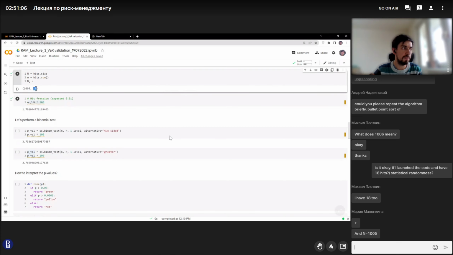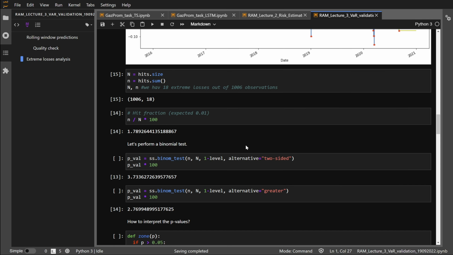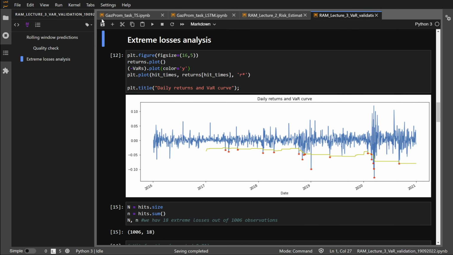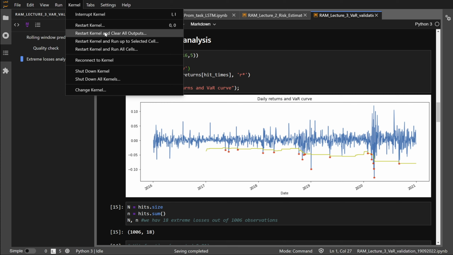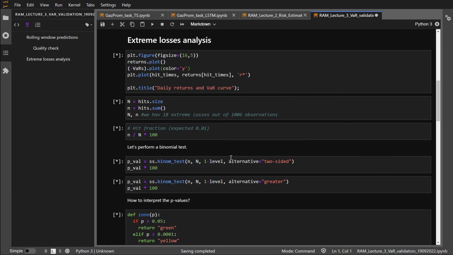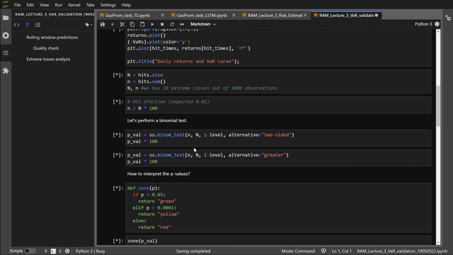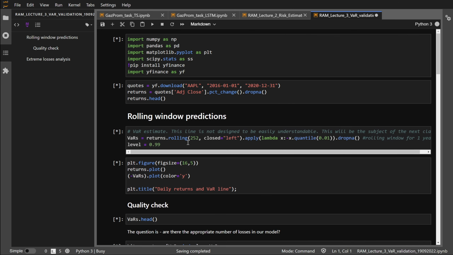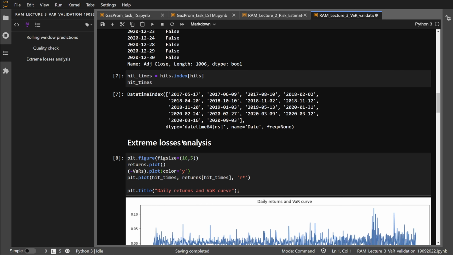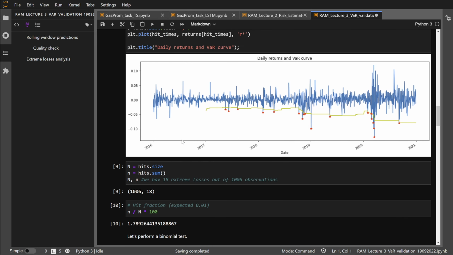I observe 18 hits out of 105 days. So is this number big enough to say that my value at risk is exceeded too often to think that the actual probability of hitting VAR is 1%?